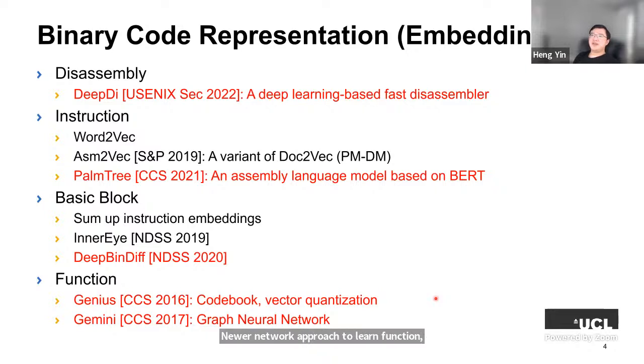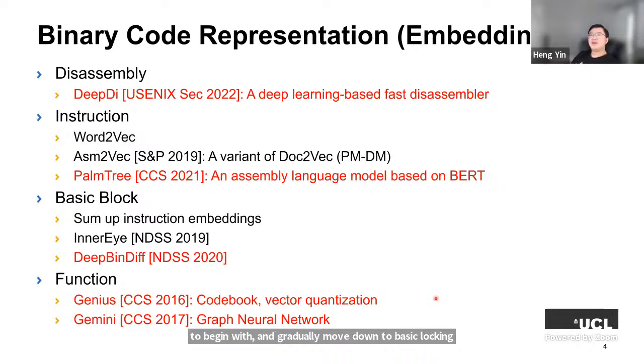Interestingly, you can see that in terms of workflow, when we build an architecture, we have to build from the lowest level and gradually go up. So we need to talk about the disassembler, instruction embedding, basic block embedding, and function embedding. But if you look at this timeline, we actually started from function embedding and gradually moved down to basic block embedding.